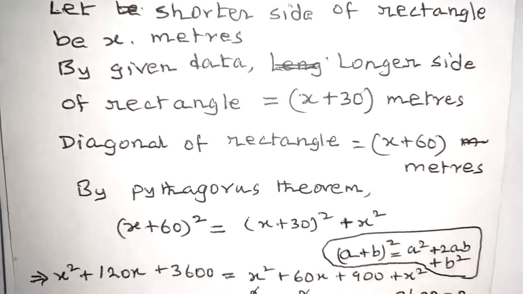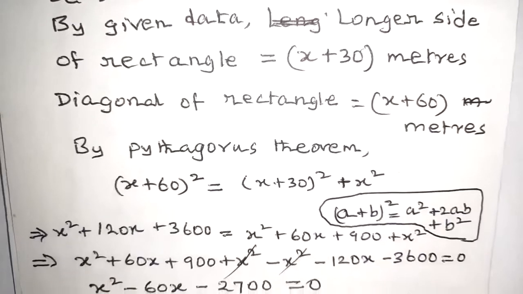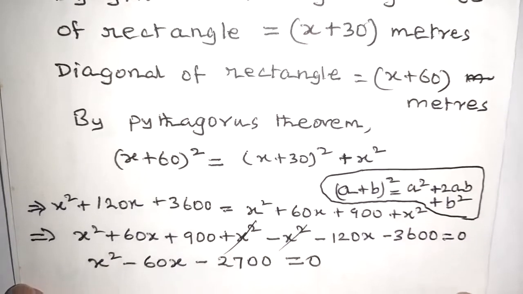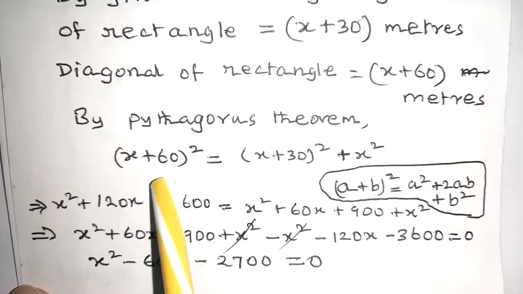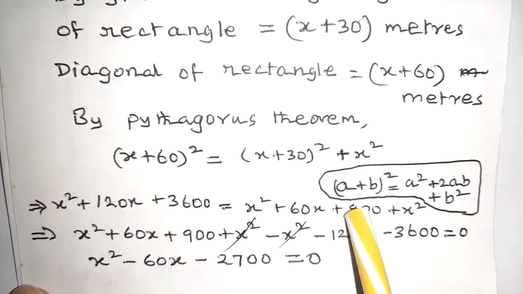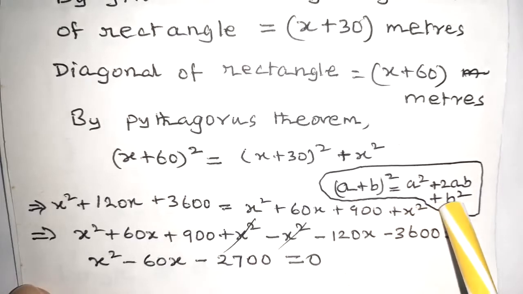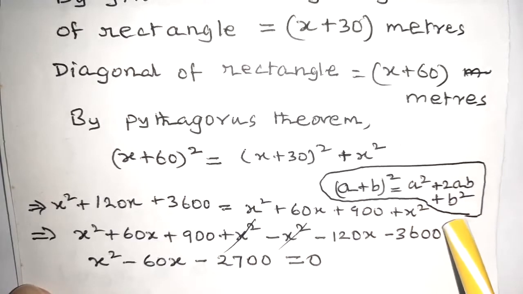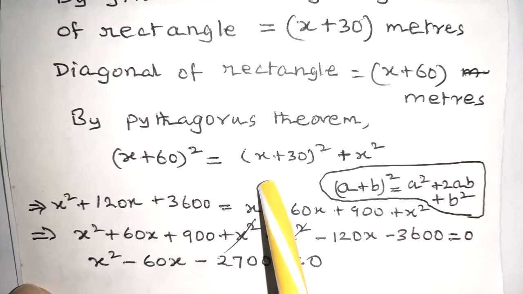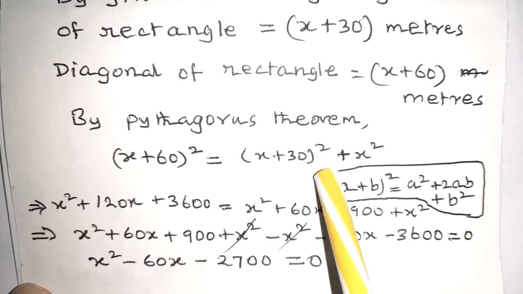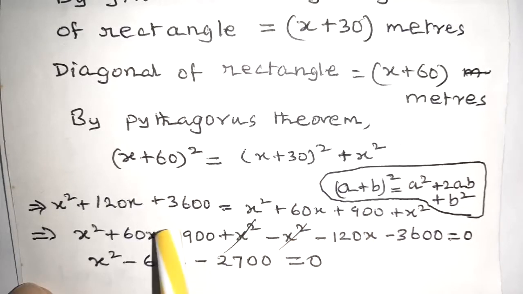Now, by simplification of this, now we know the formula a plus b whole square equal to a square plus 2ab plus b square. Using this formula, we can expand x plus 60 whole square, and we can expand x plus 30 whole square using this formula.